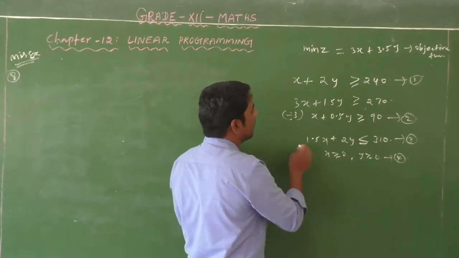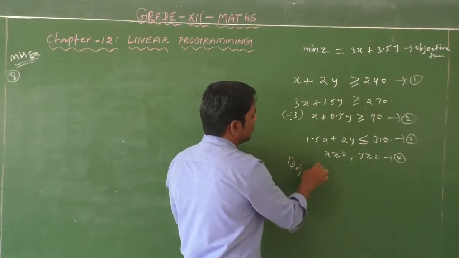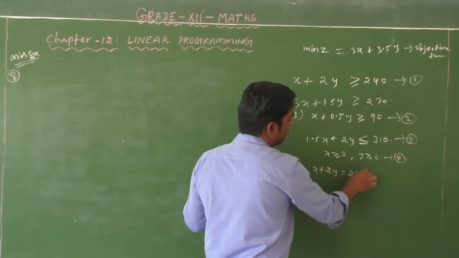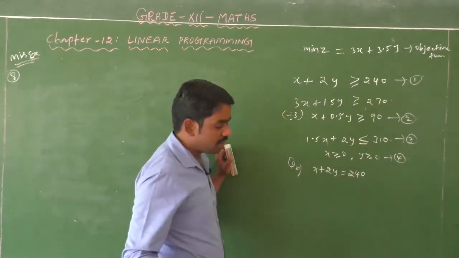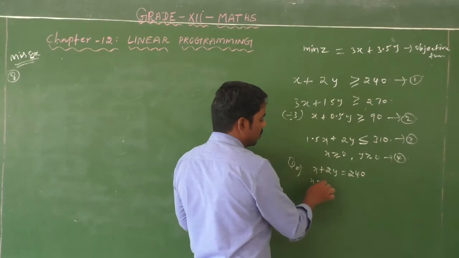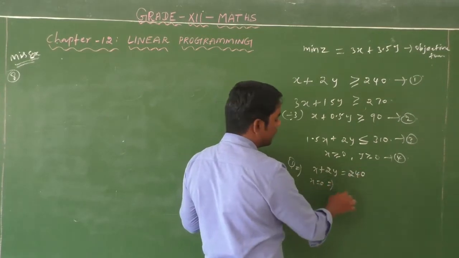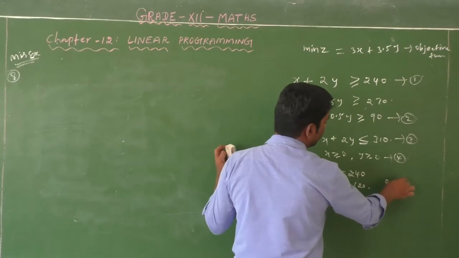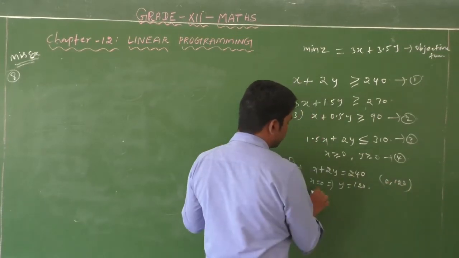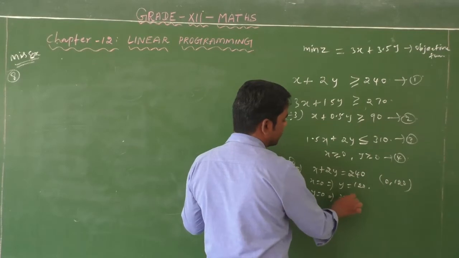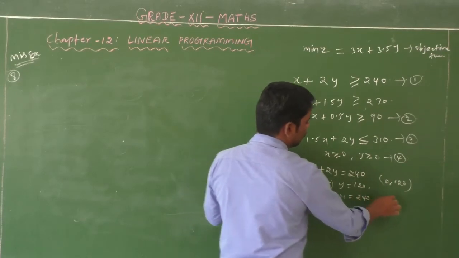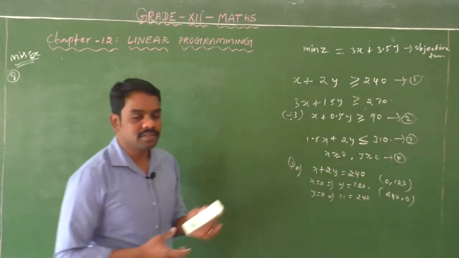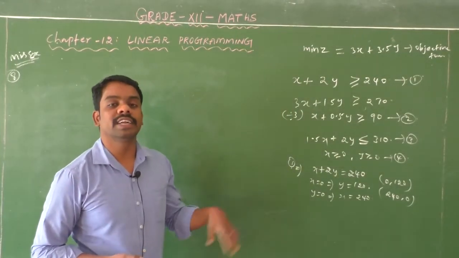Let us consider the first line, x plus 2y is equal to 240. Let's say first x equal to 0, which implies 2y equal to 240, then y equal to 120. So 0, 120 is the first point. Next y equal to 0, which implies x equal to 240. So 240, 0. So the first line passes through 0, 120 and 240, 0.